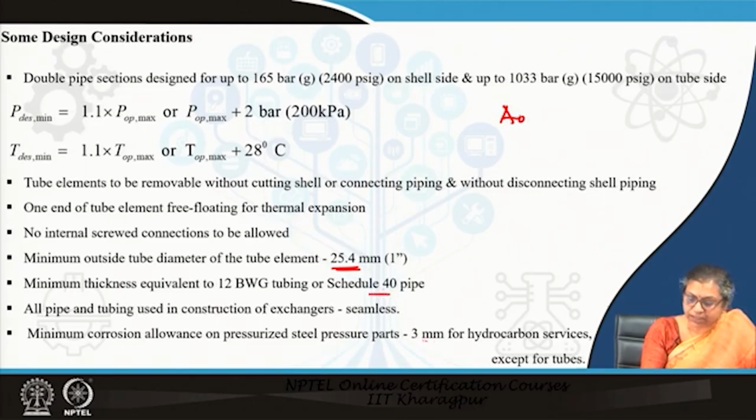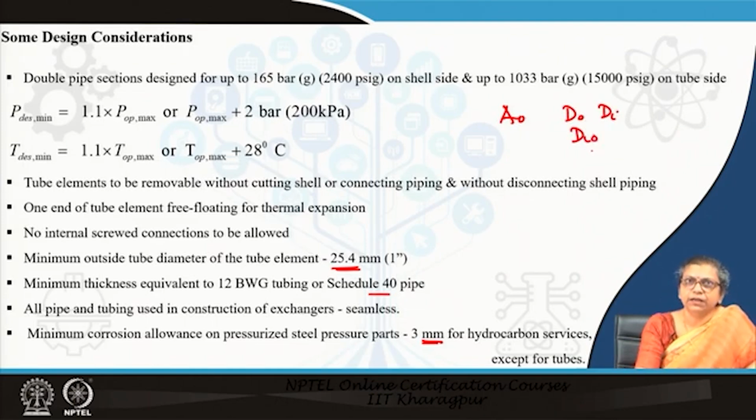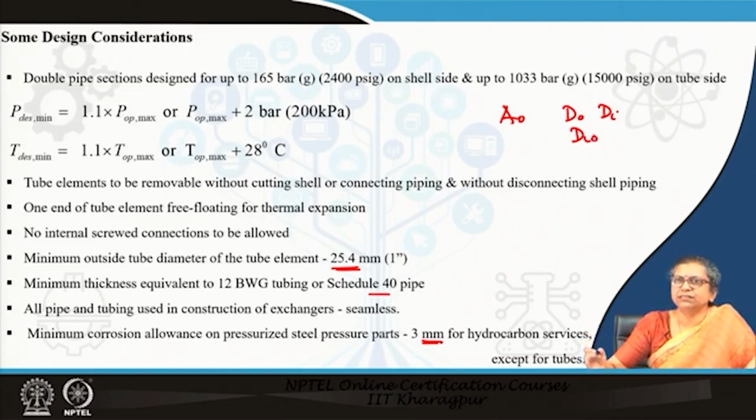The corrosion allowance is 3 millimeters. Such guidelines are there, based on which you can select the tube diameters. Again, remember, you have to refer to codes to select the inner tube diameter and also the outer tube diameter. Generally, the lengths are also standard. Generally, they come in 6 meters or 3 meters length.